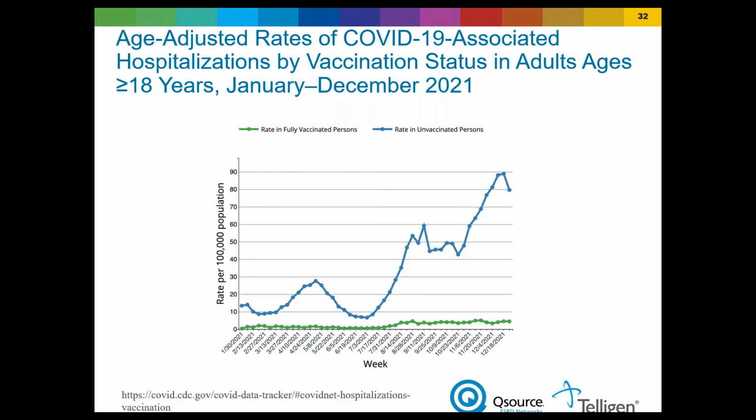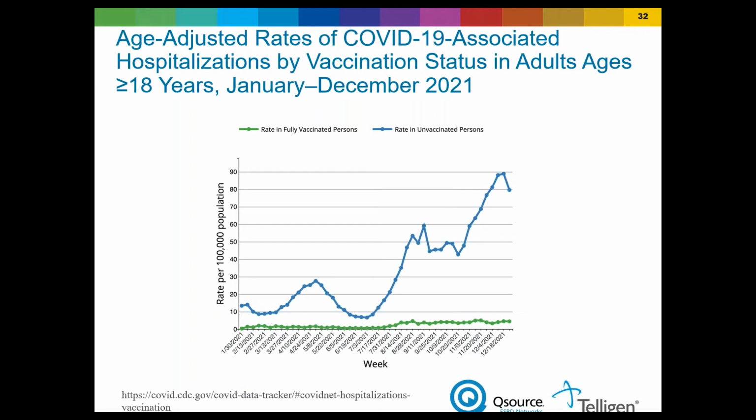This is another study comparing individuals who are vaccinated with the ones that are not vaccinated, and again the rates were significantly different. The cases, the hospitalization rates were significantly lower in vaccinated individuals compared to those unvaccinated.